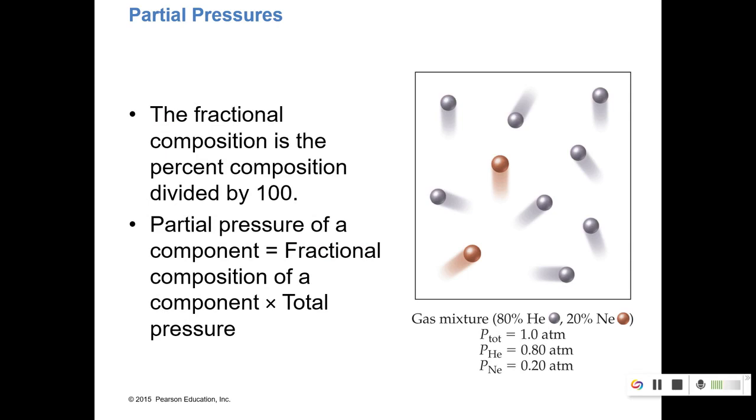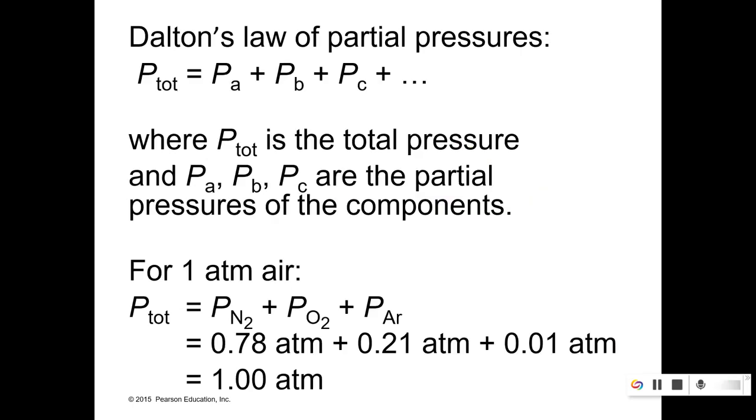Okay, as far as partial pressures go. Partial pressure, so here in this example, we've got helium and neon in a container. The whole percentage has to equal 100 because that's what percentages equal. So if I've got 80% of helium and 20% of neon total, they have to equal 100. So here is Dalton's law. You do need to write that down.